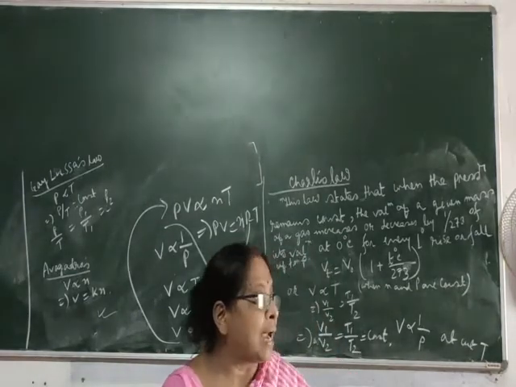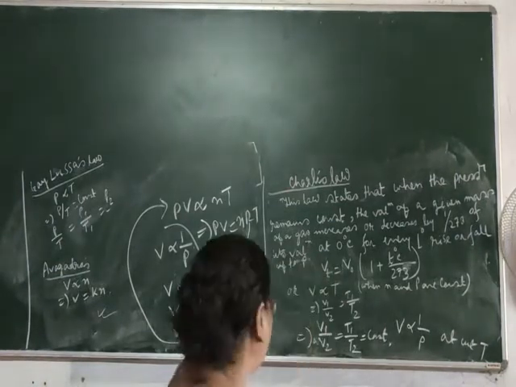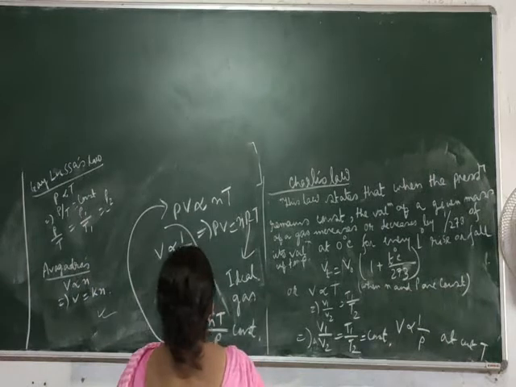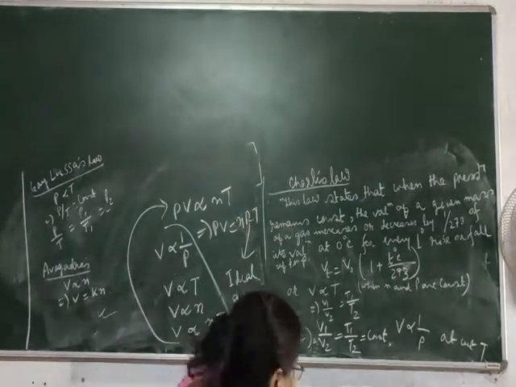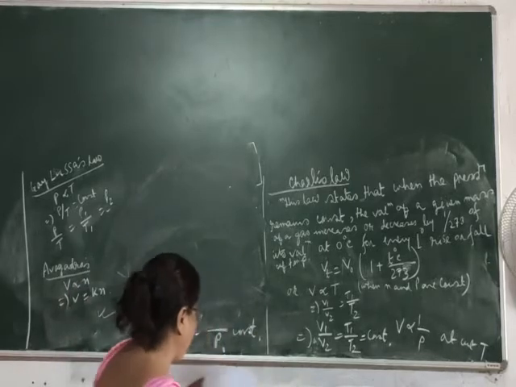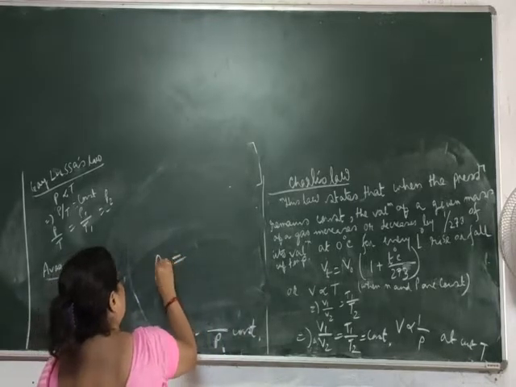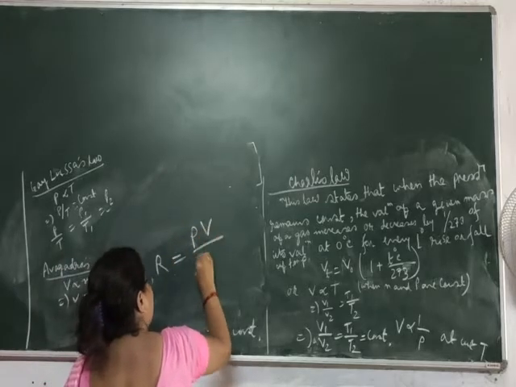One value of R comes from R is equal to PV by nT.